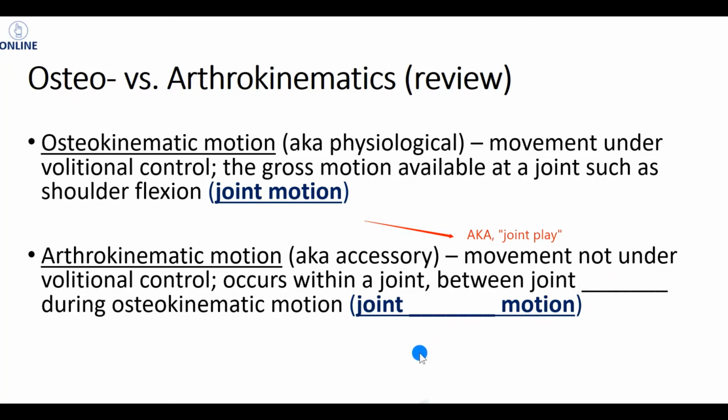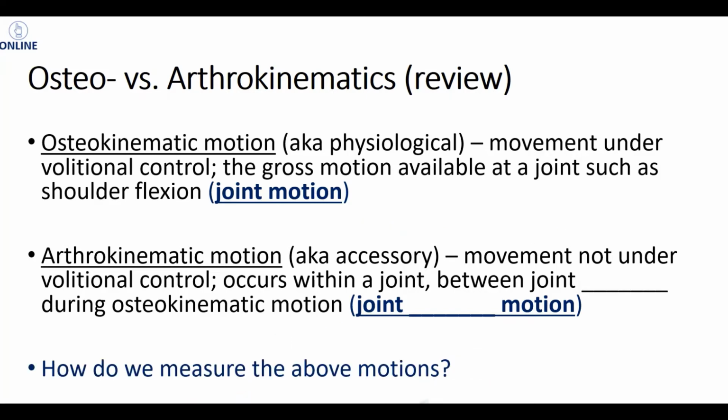Another question is, how do we measure each of these? What are the different tools or measurement techniques to measure these? With osteokinematic motion, we use goniometric measurement, range of motion, an inclinometer, or a goniometer typically. So that is how we measure osteokinematic motions.